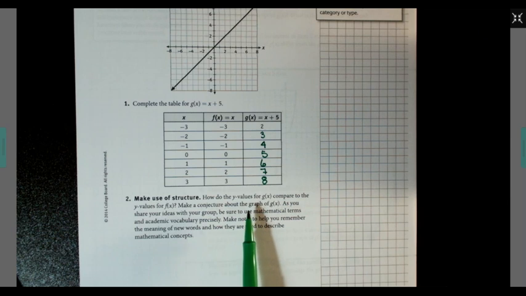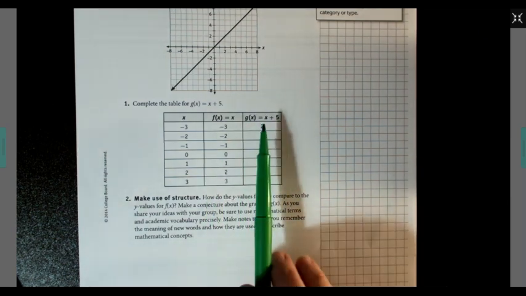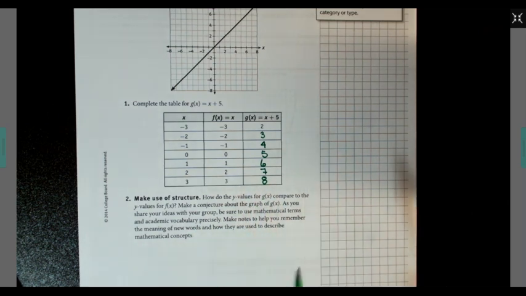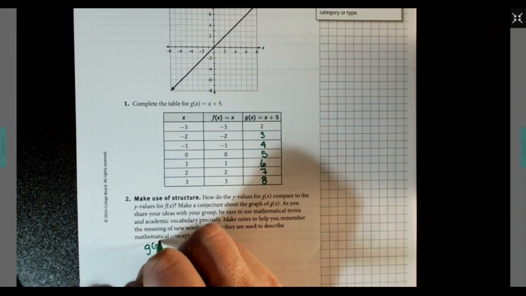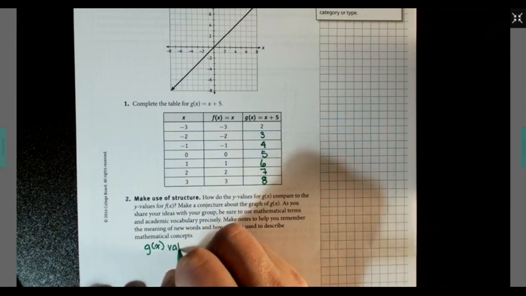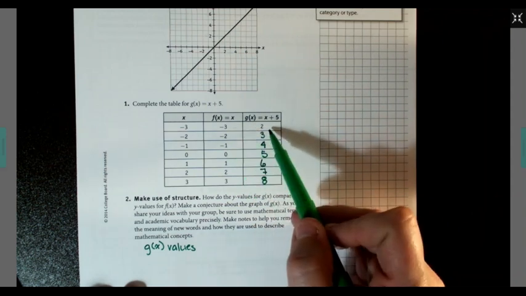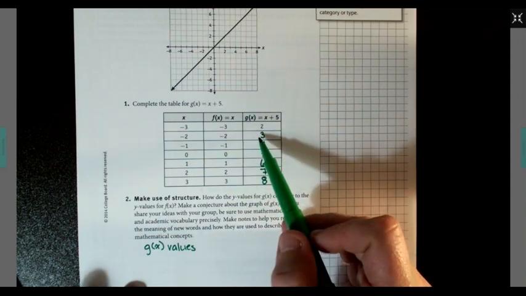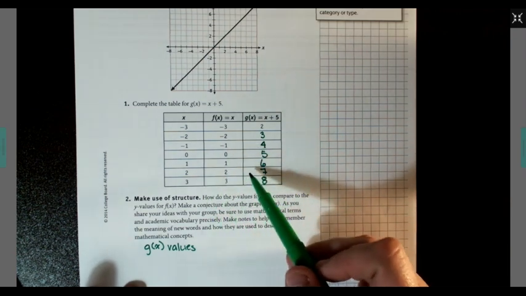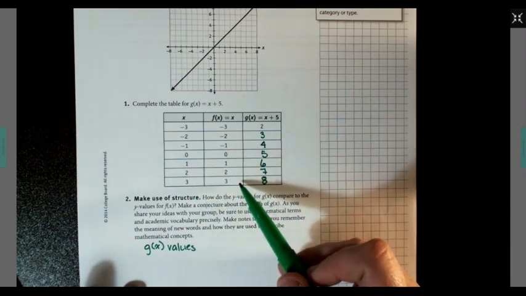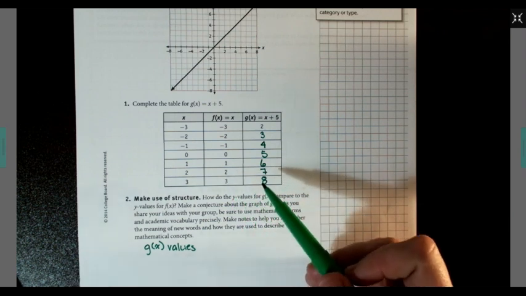So how does this column compare to this column? The g of x values, I got negative 3, positive 2, negative 2, positive 3, negative 1, positive 4, 0, 5, 1, 6, 2, 7, 3, 8.